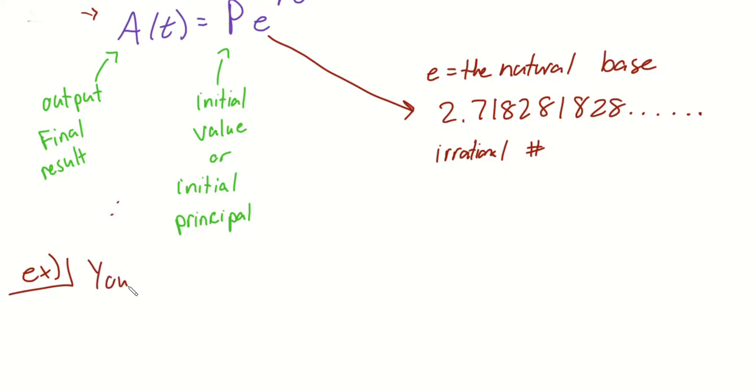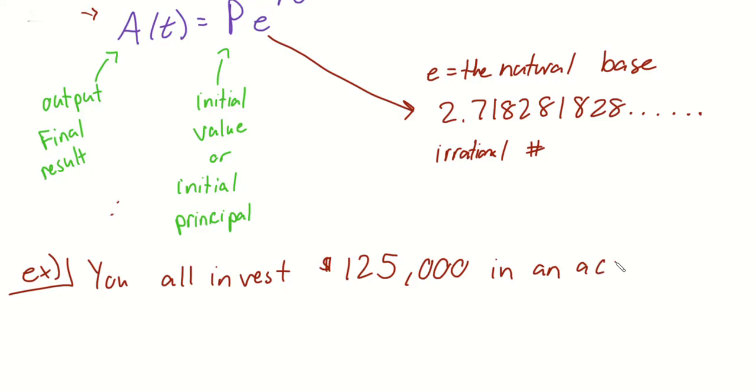So you all invest $125,000 into an account that earns 4.75% interest.